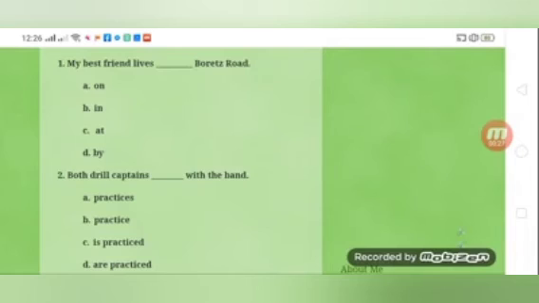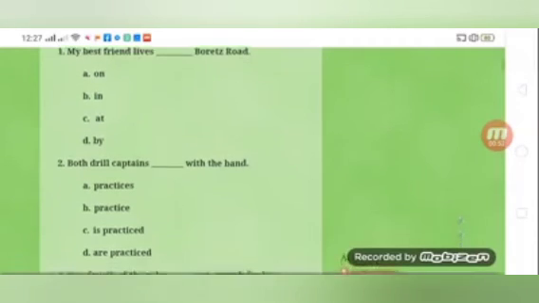If there's a house number, the preposition should be at. Like, my best friend lives at number 72 Boritz Road. But if it's only a place or city, the preposition you will use is in. Like, my best friend lives in Las Piñas City. So here the answer is on Boritz Road, because it's a road that is written in the address.